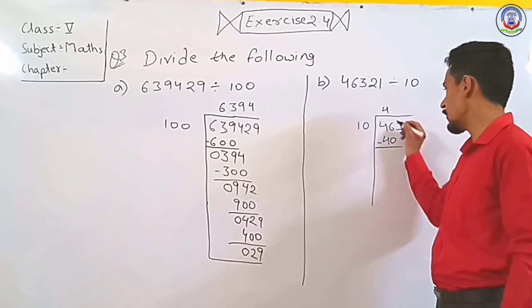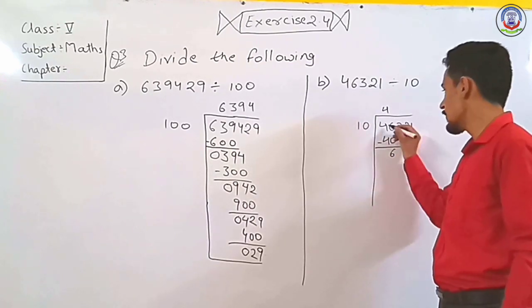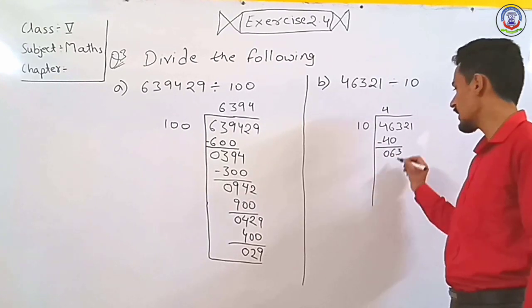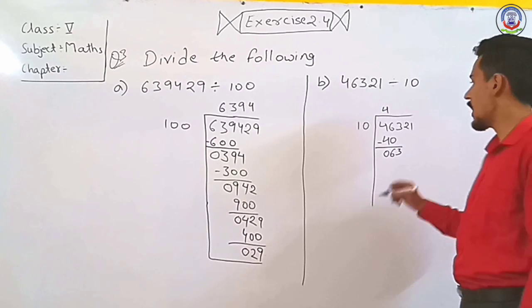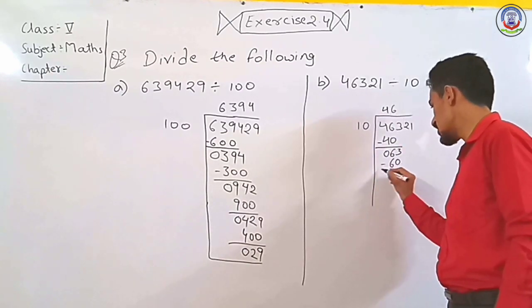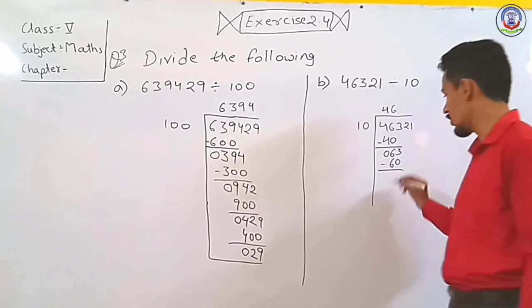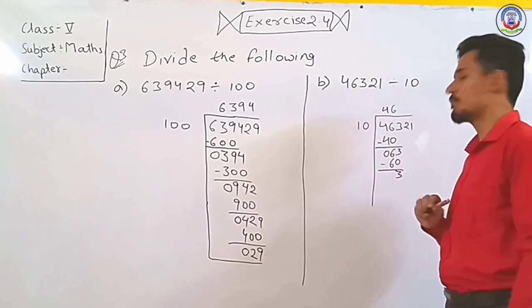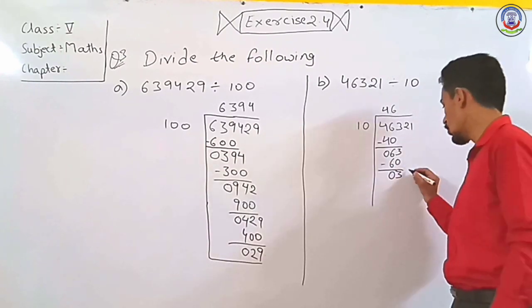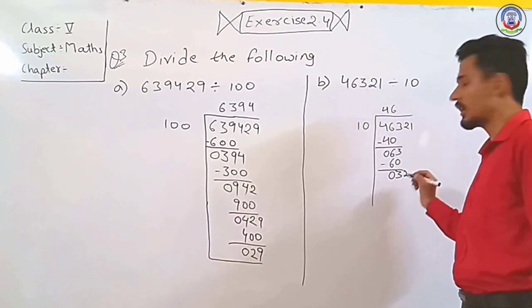Now we subtract 0 from 6, it is 6, 4 subtract 4 is 0. Next number is 3, it is 63. Now we write here 6 and it is 60. 3 subtract 0 is 3, 6 subtract 6 is 0. Next we take 2, so 32.